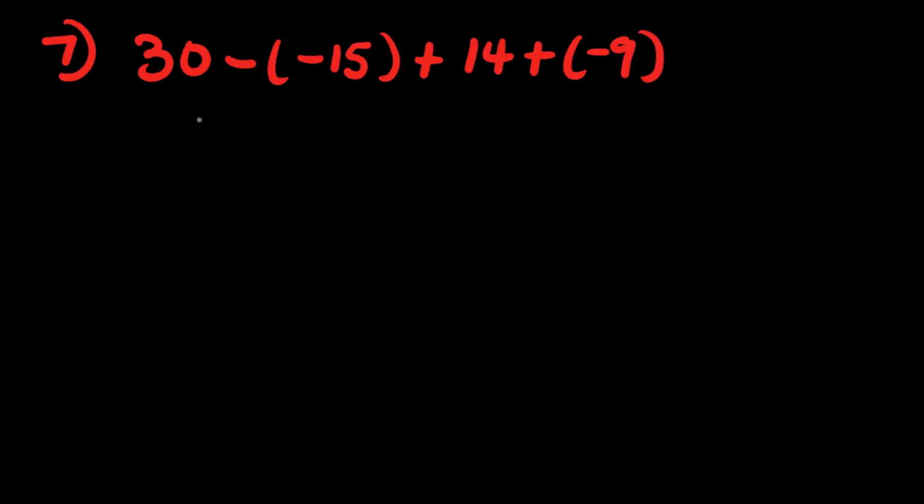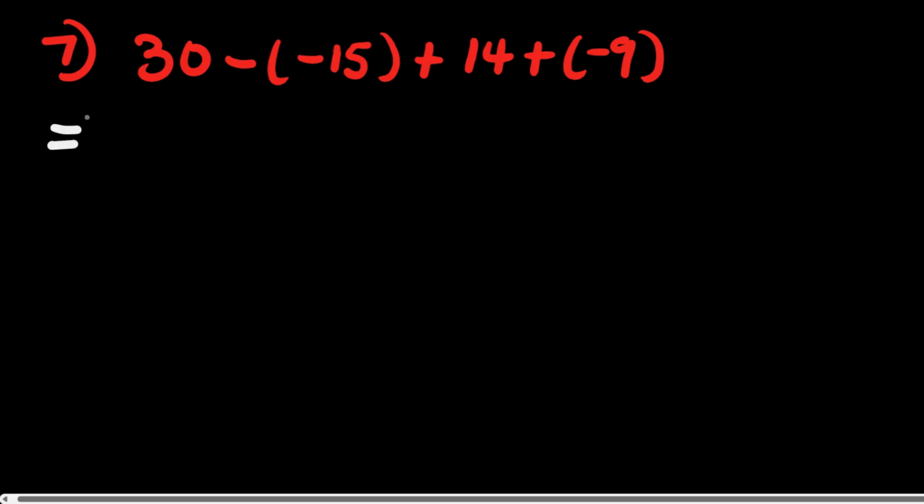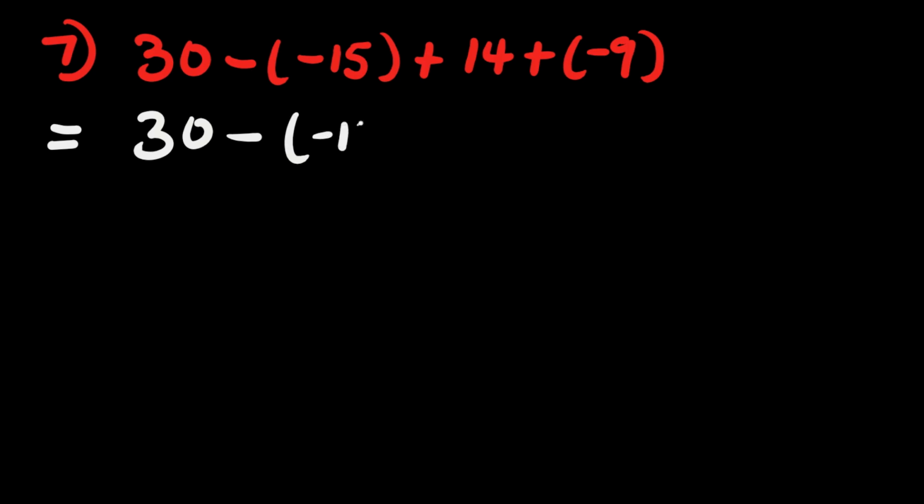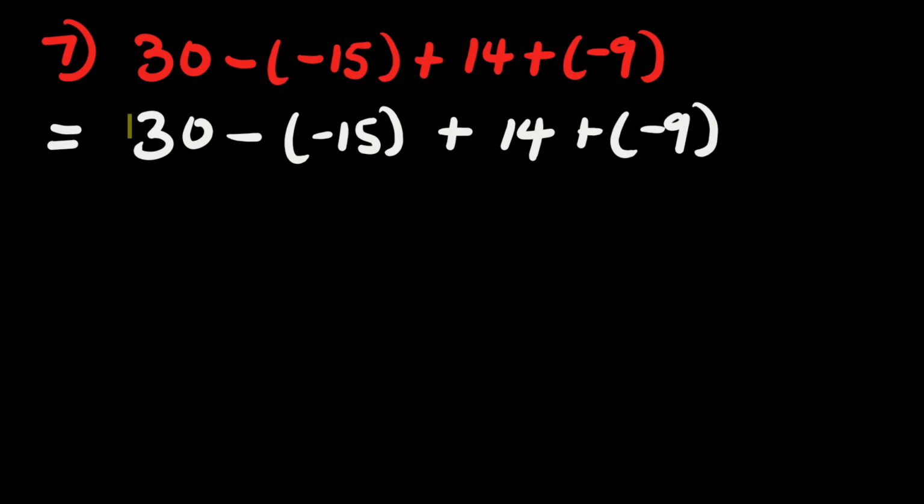And here is question 7. So our approach is still the same with question 6. Still the same. I'll rewrite this as it is. 14 negative 9. So I pair 2 2. Pair the first 2 and pair the last 2.